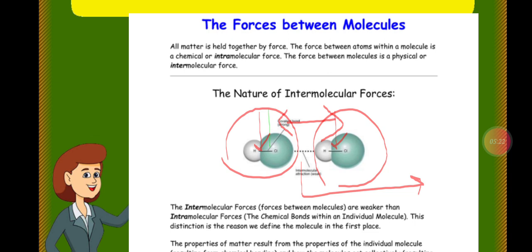So please, if an MCQ or a question asks you about comparison of any covalent bond with any of the intermolecular forces, either it is dipole-dipole interaction or hydrogen bond, do not get confused.